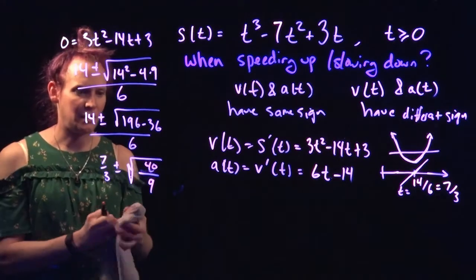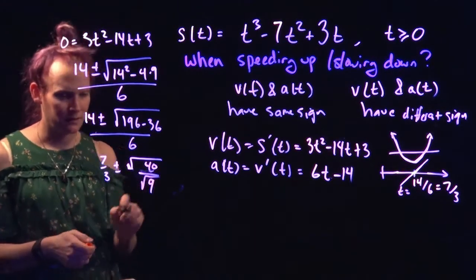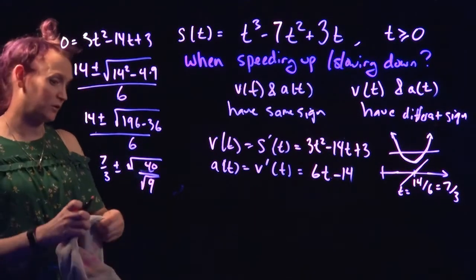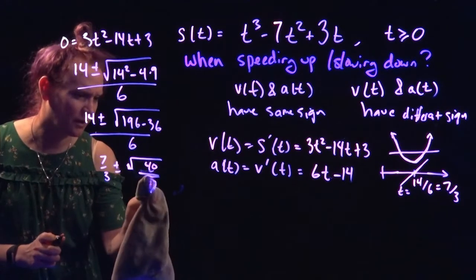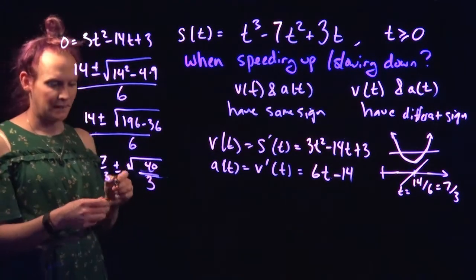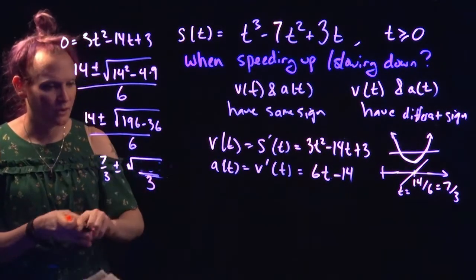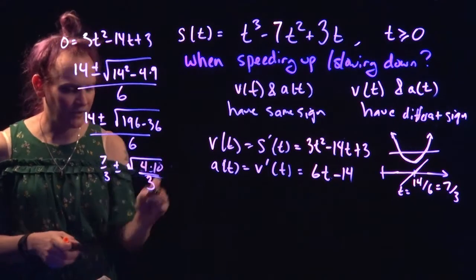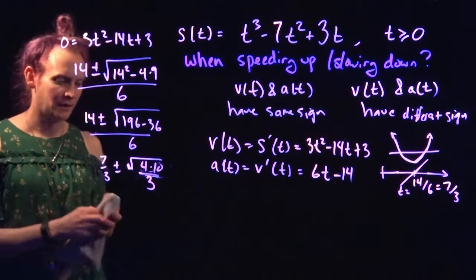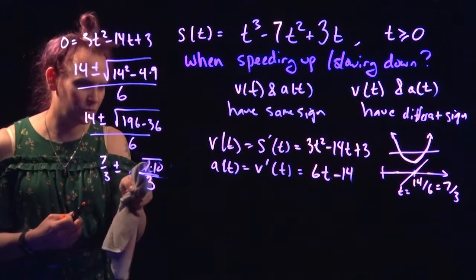How about I split that square root again, and then I replace my square root of 9 with 3? Then I could rewrite my 40 as 4 times 10. And then let's split that square root across those, and it's going to turn into 2 root 10.